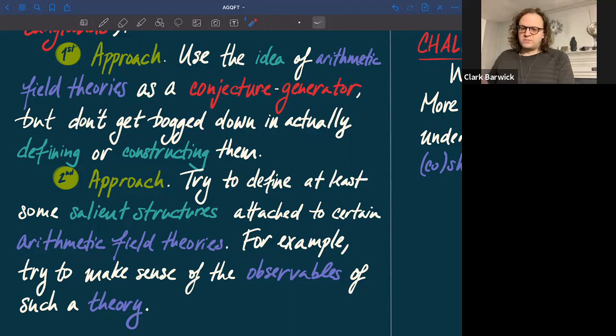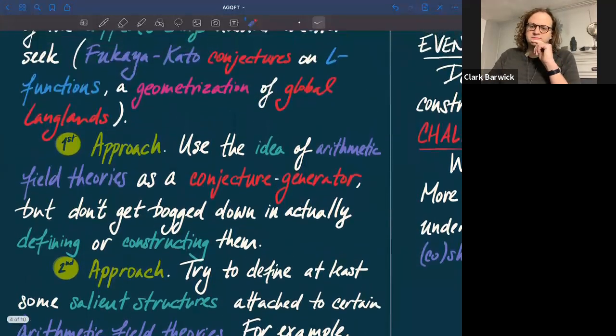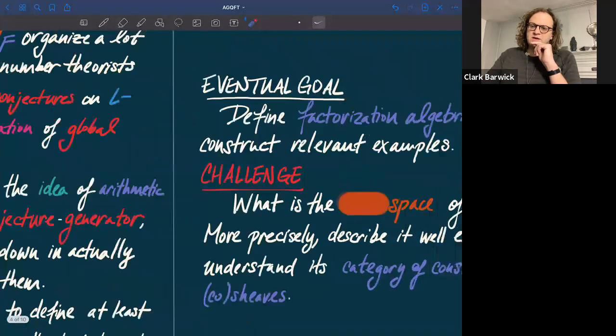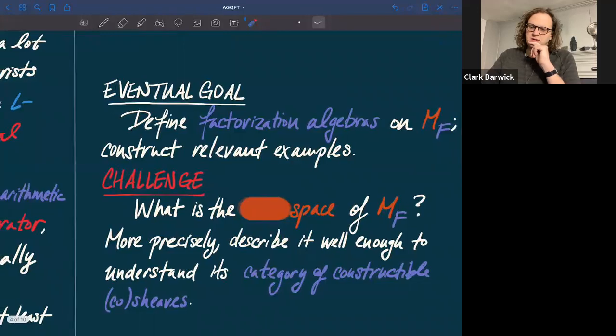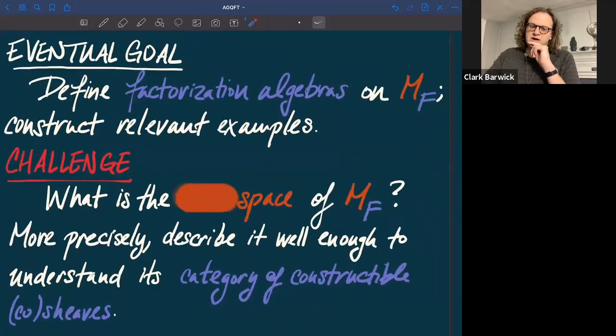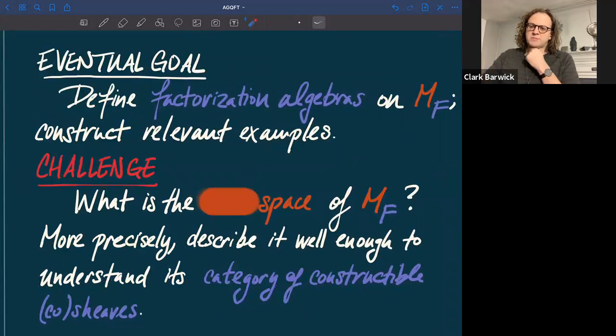Another approach would be to at least try to define some of the salient structures of these field theories. For example, one could try to make sense of the observables of such a theory. Maybe if we just understood that, we would already have some insight into how to construct these things for real. So then what's the goal? My goal would be to try to construct interesting examples of factorization algebras on this mythical three-manifold MF.